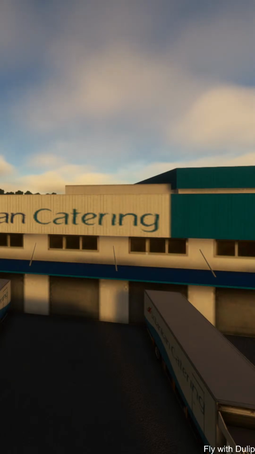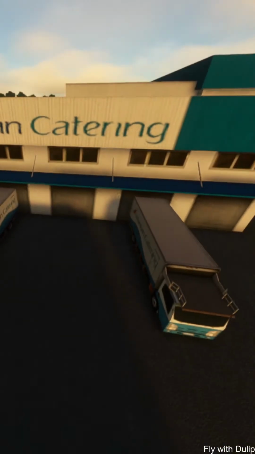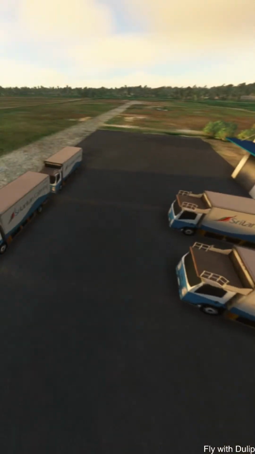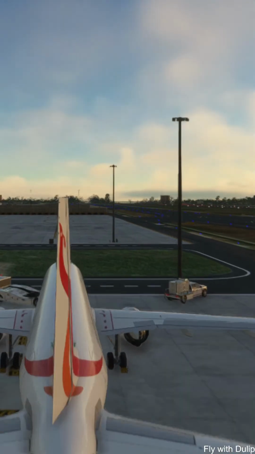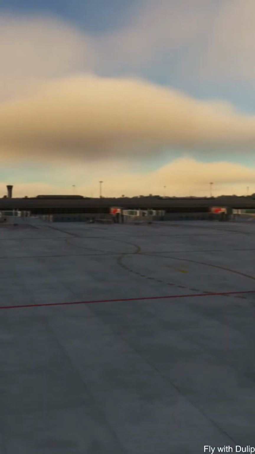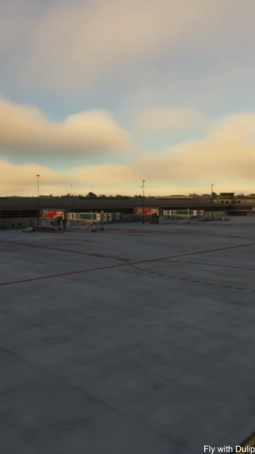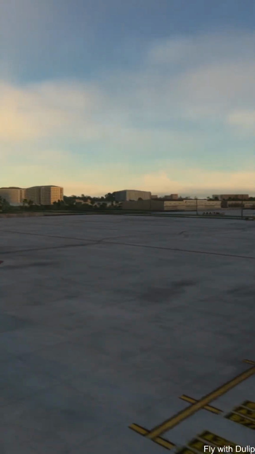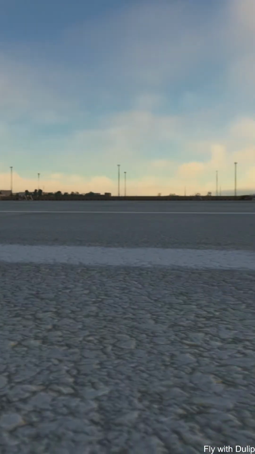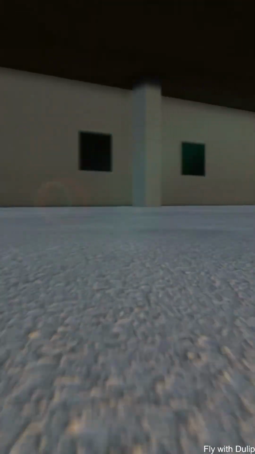The Sri Lankan catering, the name is already right, and you can see every vehicle is branded with Sri Lankan catering. That is so nice. This is a free scenery available. With that, you have all these stickers that are coming from the worldwide volunteers.